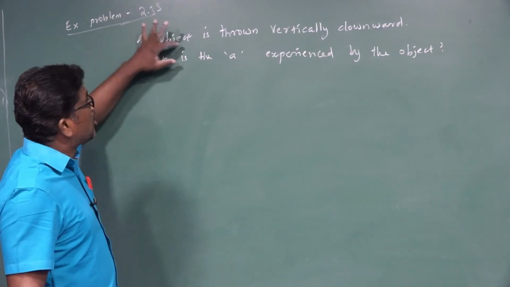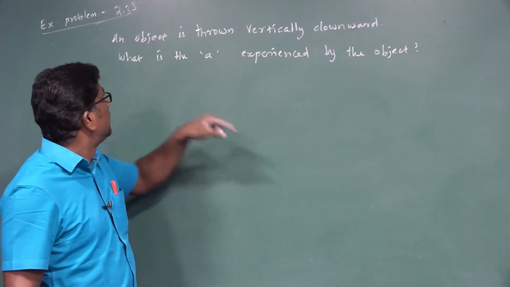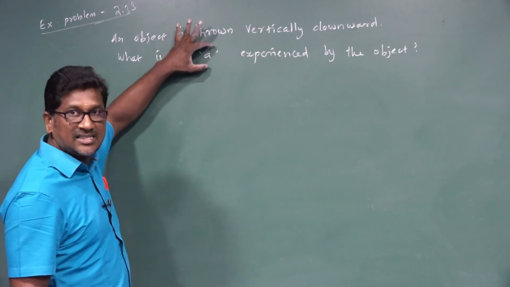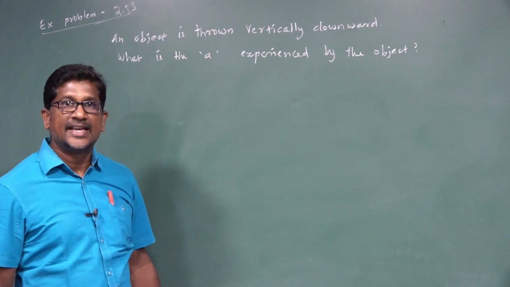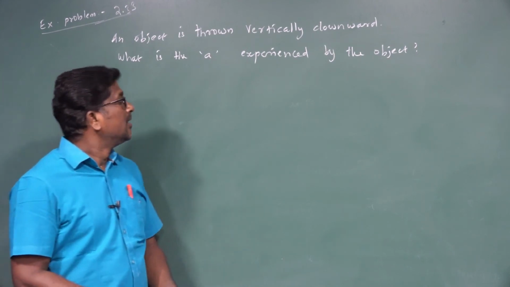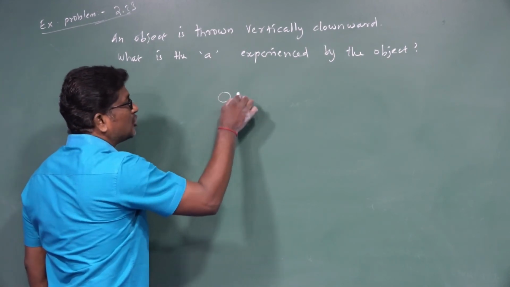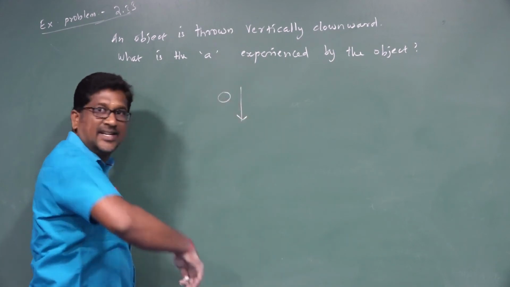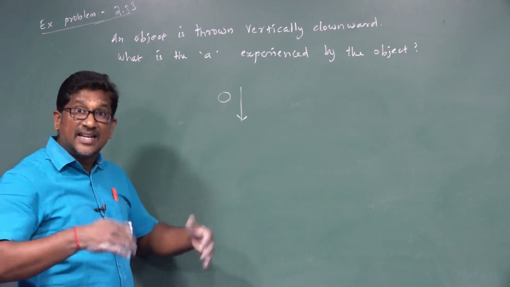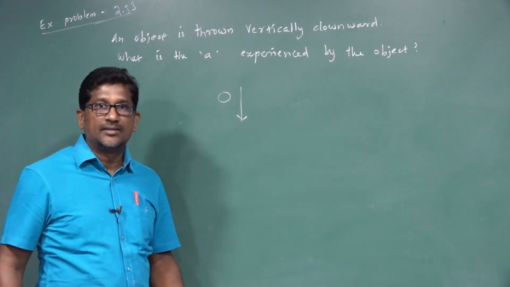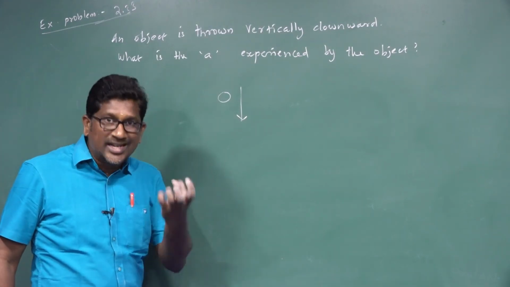Right. The question is, an object is thrown vertically downward. What is the acceleration experienced by the object? If any object is dropped or thrown vertically downwards, the object experiences an acceleration due to gravity, due to Earth's pulling.